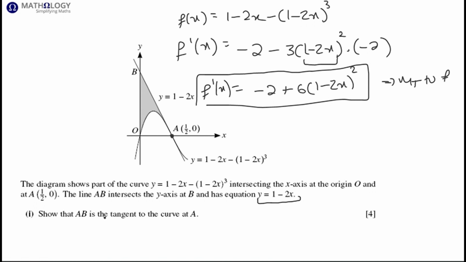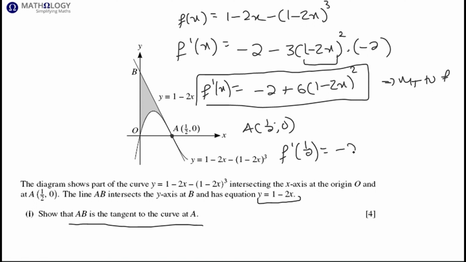They've told us we're required to show that AB is a tangent to the curve at A. So we've got the point A (1/2, 0). Now we're going to find the value of the gradient of the tangent to the curve f at A. So we substitute 1/2 in for x into the gradient function.